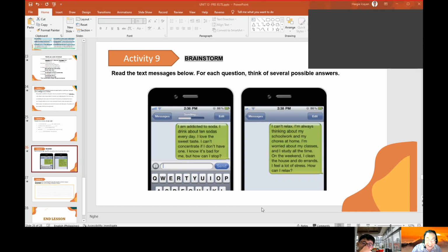We have to think first what would be the best advice that we can give, or maybe that we can text also to this person, because he's asking through text, right? What reply are you going to say to this particular person? You should take note of this: it is not just a simple problem because he is addicted to soda. So let's try to have a brainstorming.